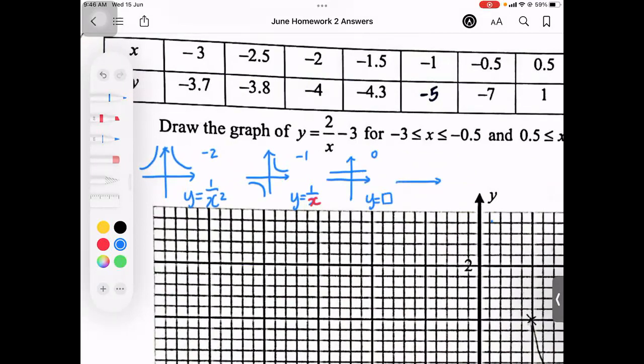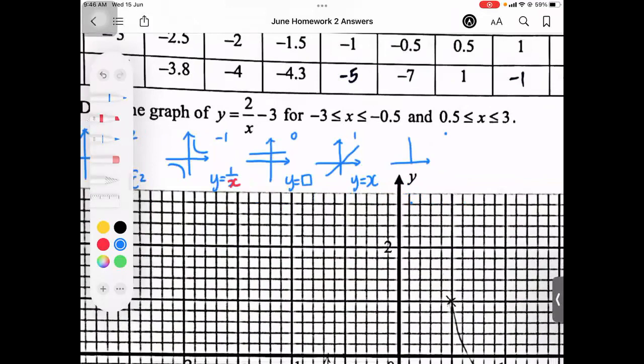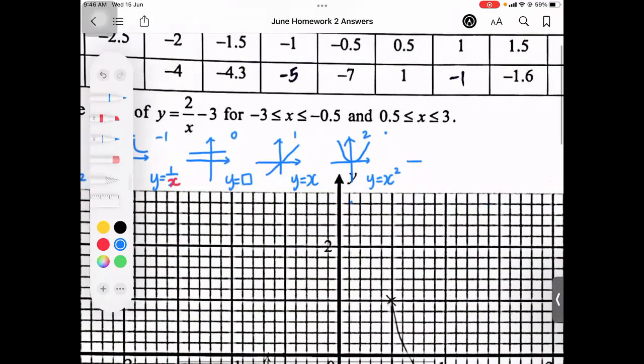Then the next one, y equals to x to the power of 1. That means it's an upward sloping line. y equals to x to the power of 2, y equals to x squared, smiley face or sad face, depending on our question. y equals to x to the power of 3, y equals to x cubed.